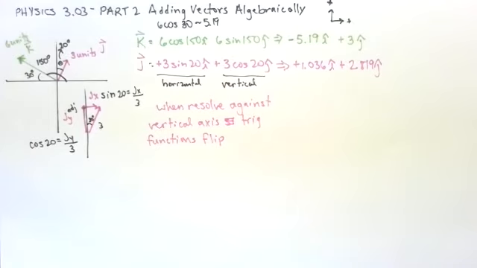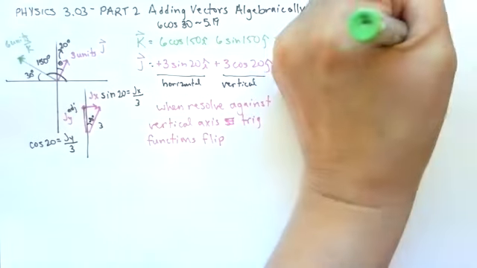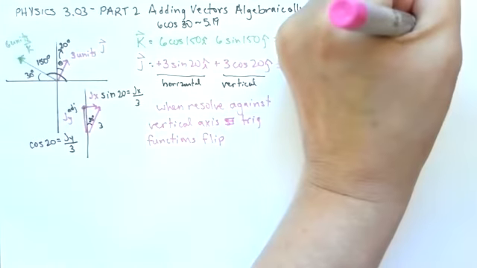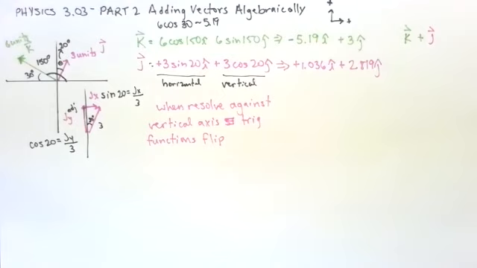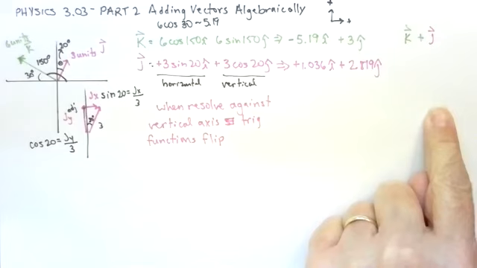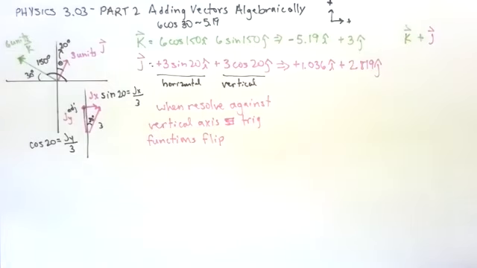All right. The last thing I want to look at is what if instead of saying I want to add... what we did here was we took vector K plus vector J. And again, I stopped short. I didn't do my components and resolve them into a resultant, because I'm focusing on these things.